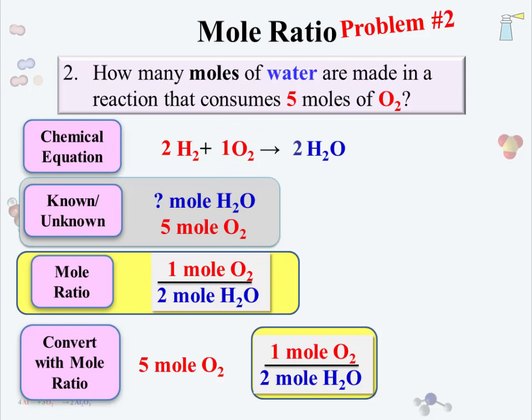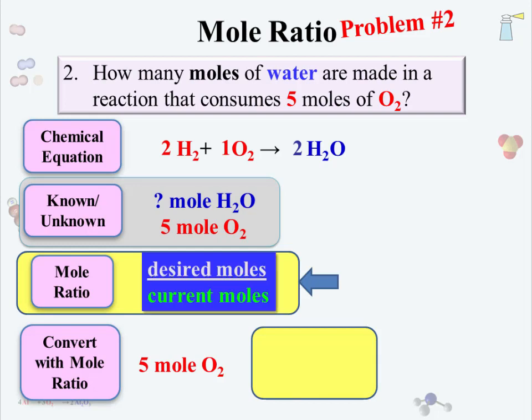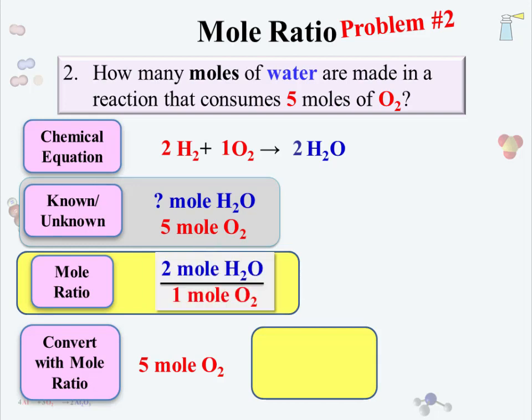Back to the problem. Do units of moles of O2 cancel out with this orientation of the mole ratio? They do not. Moles of O2 are in the numerator of the mole ratio, so they do not cancel. This mole ratio needs to go. Returning to the mole ratio step, here's the correct orientation.